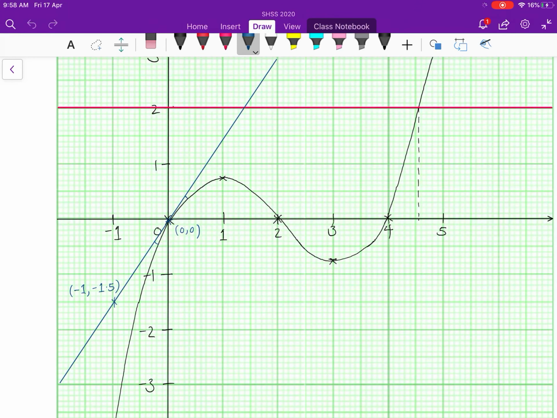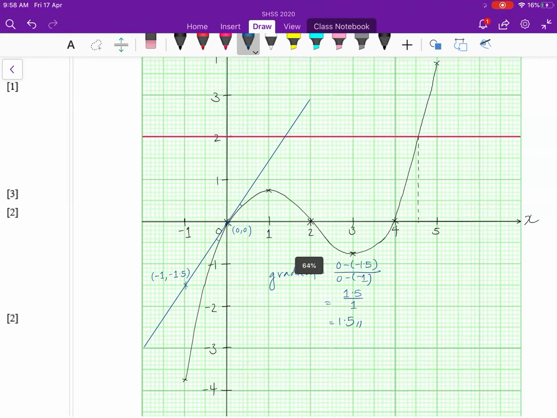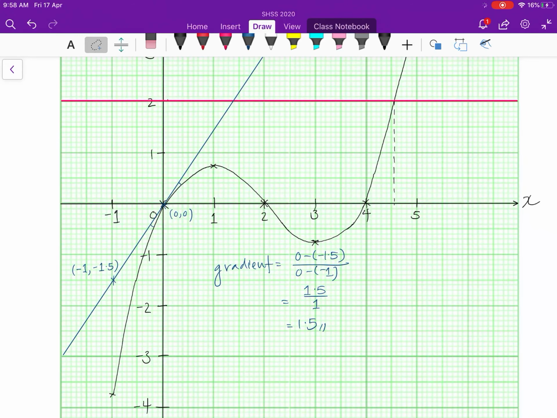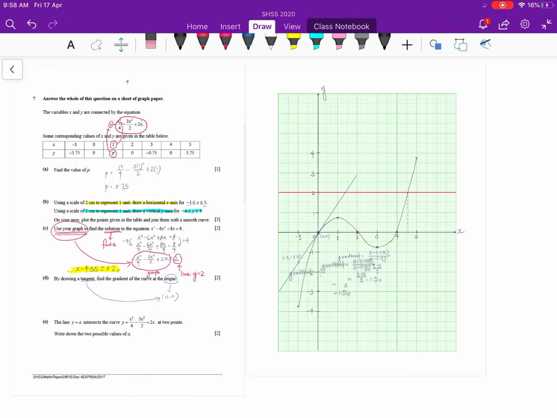So to find the gradient, y1 minus y2 over x1 minus x2. I will get 1.5 over 1, which is about 1.5. My gradient is 1.5. Of course, I cannot write my answer on the graph paper. In the new format, we need to write our answers on the question paper itself.